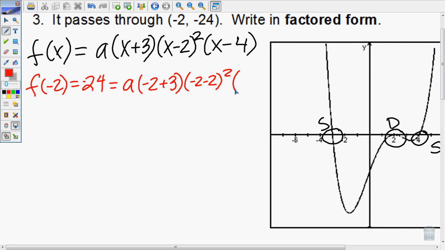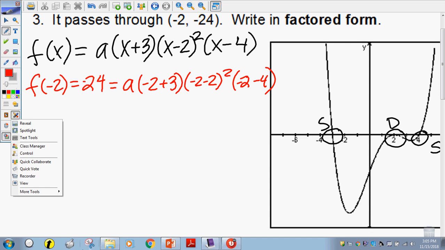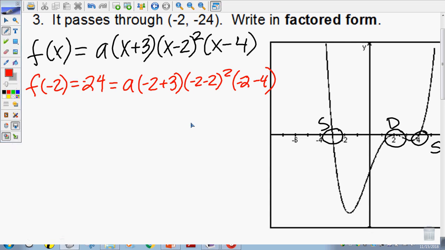Alright, find the A. Remember, multiply, then add, multiply, divide. So when we went through, we had -24 equals A times 1 times -4 squared times -6.